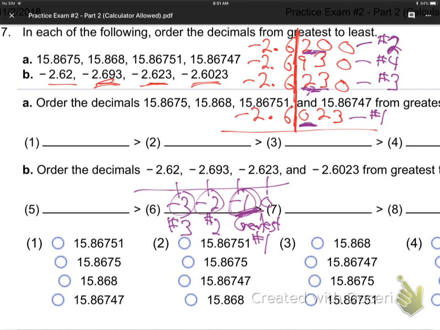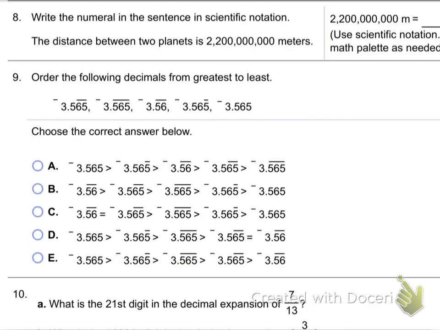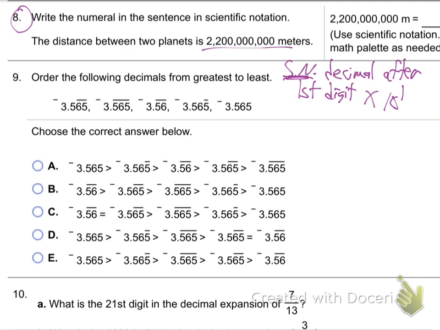from greatest to least. Okay, so number 8, write that in scientific notation. Scientific notation means decimal after the first digit times 10 to some power.